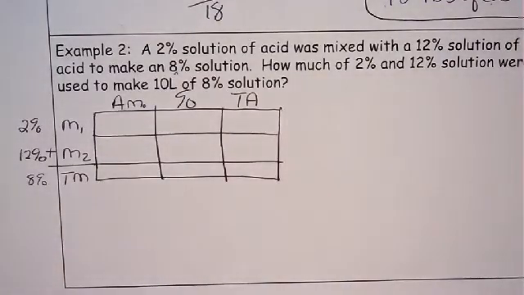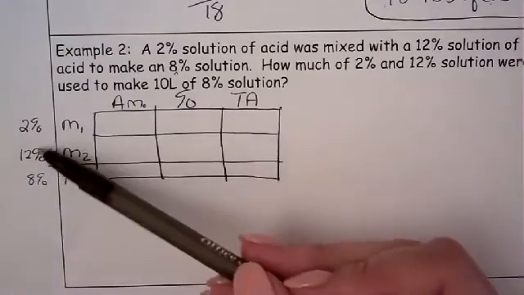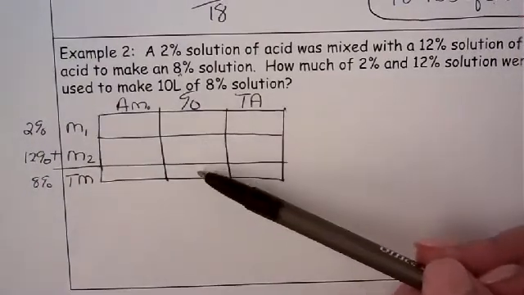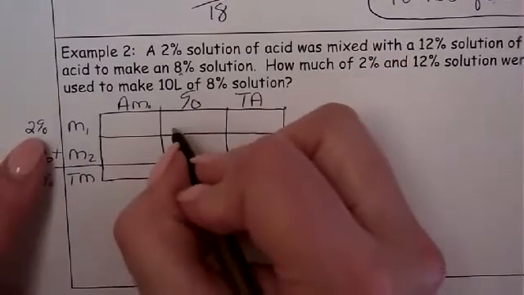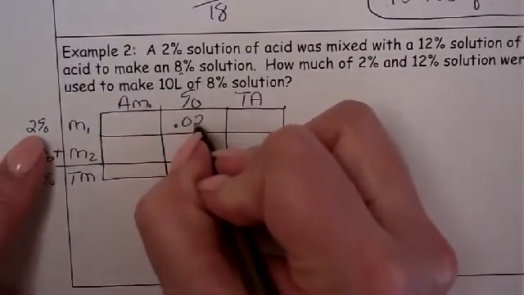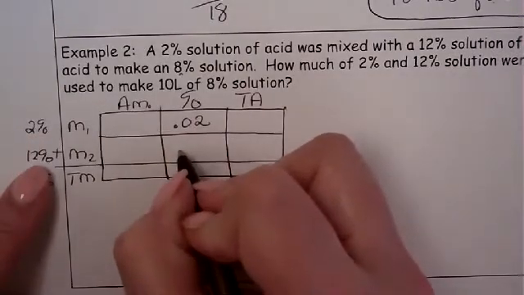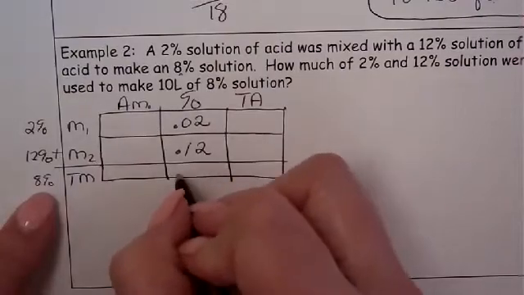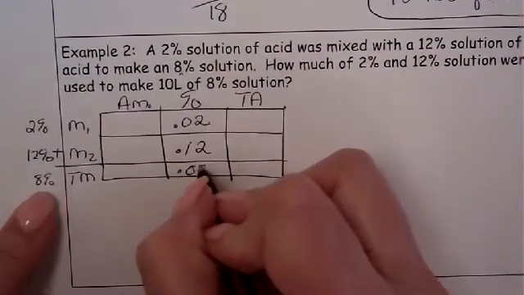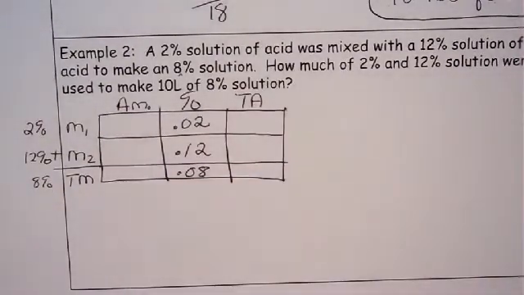Okay? Now, I'm going to use these percentages in my column right here. But now you remember, those 2%, 12%, 8%, you can't use percents. You got to change them to decimal equivalents. So 2% is 0.02. 12% is 0.12, and 8% is 0.08, okay?